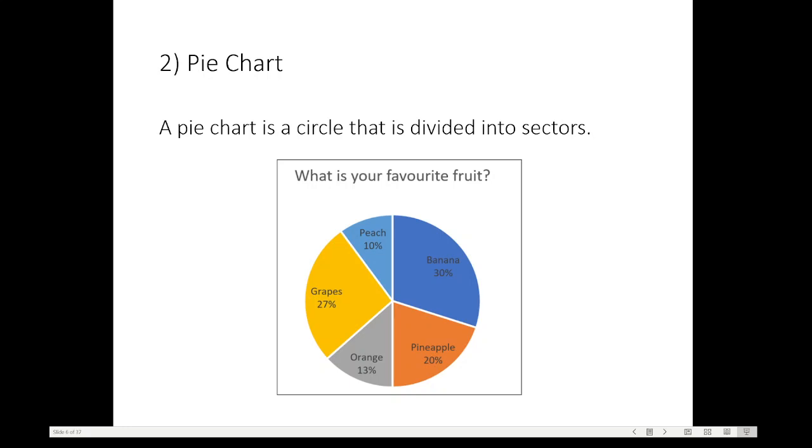If you look at the pie chart, it's simply a circle that is divided into pieces or sectors, and each sector represents one attribute for the particular variable under study.